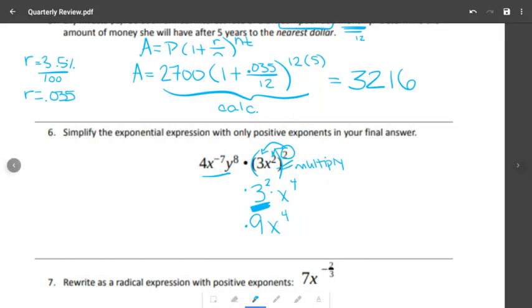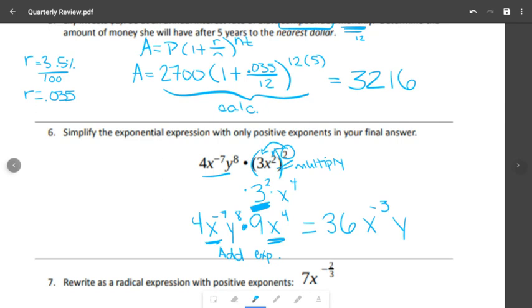The front part we're not doing anything with right now. They did not have parentheses, so it just comes down. And now we are multiplying. 4 times 9 is 36. For the x's, we are going to add the exponents. So -7 plus 4 is -3.